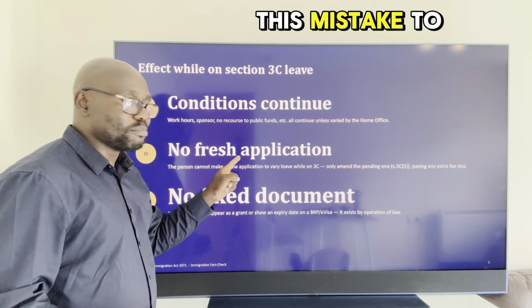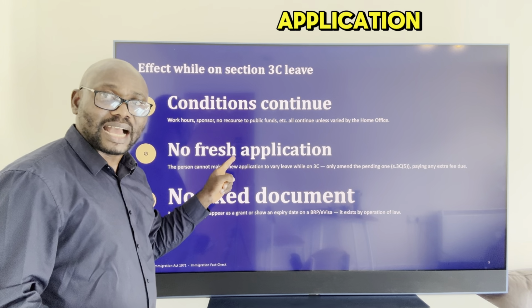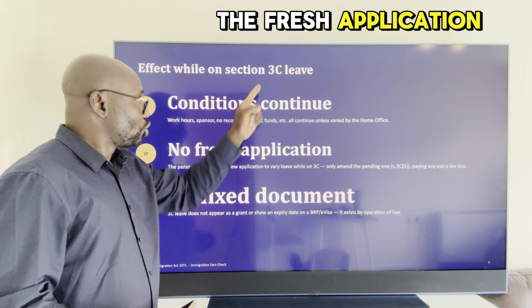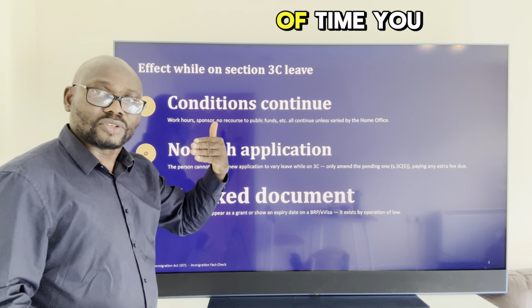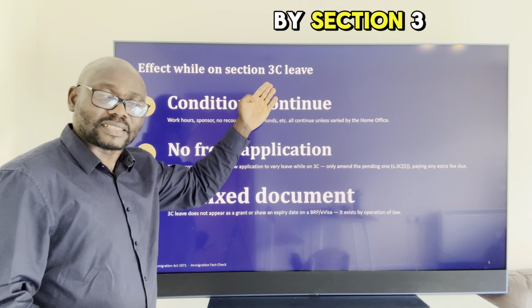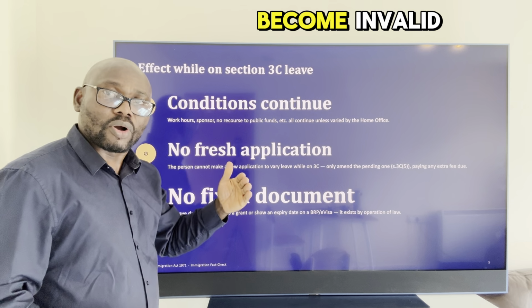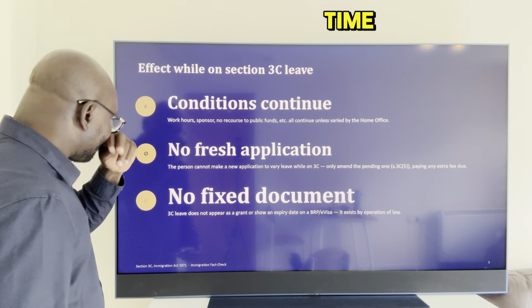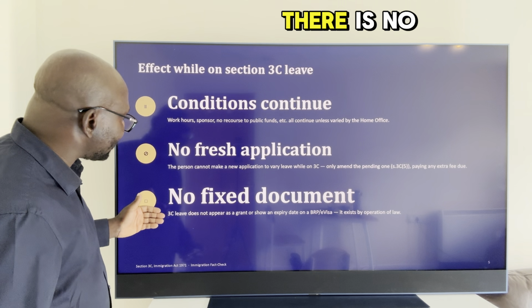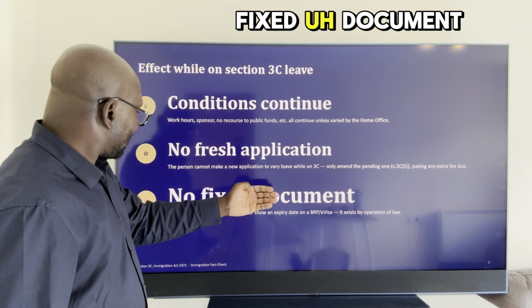If you make this mistake of making a secondary application, a fresh application, you would have breached Section 3C automatically, and the period of time you were already covered by Section 3C for will now become invalid, and you would have overstayed for that period of time. And then there is no fixed document.